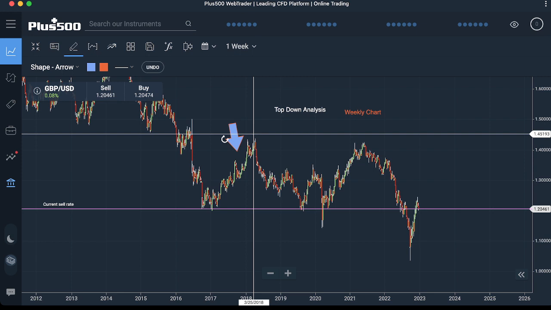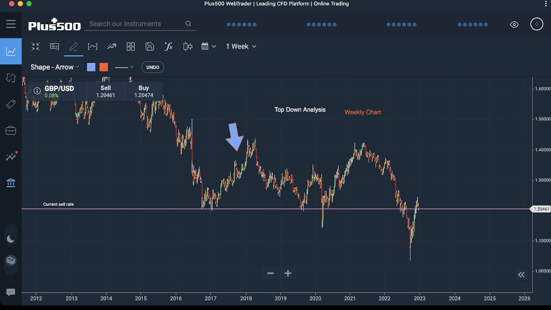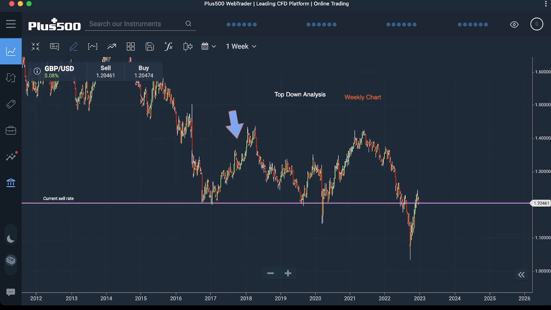So here, let me talk about this structure. This is a market structure. So you can see from here, this one is going to this low, and then again it's going up to this high, and you can see the previous high is not broken.